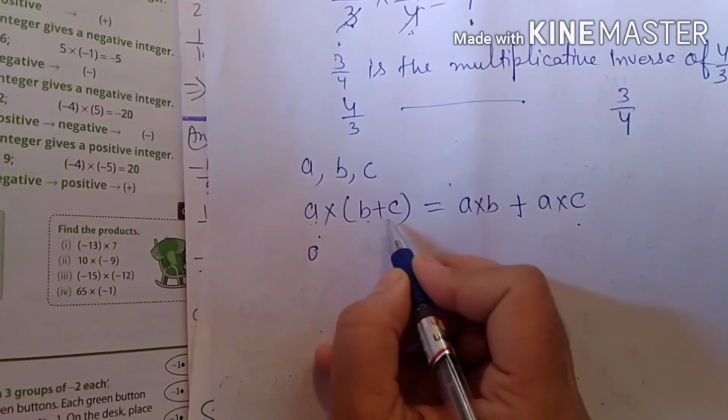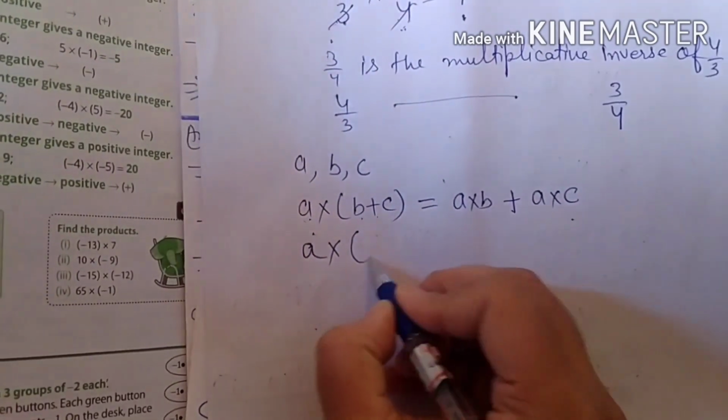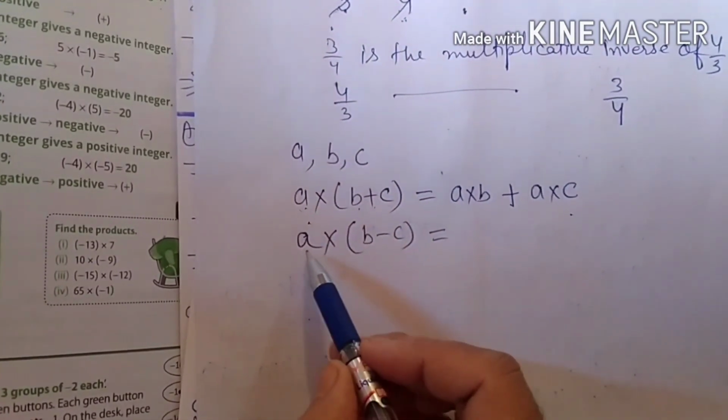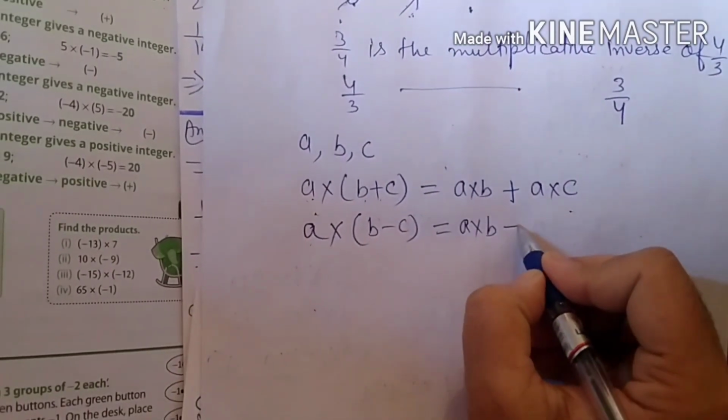But if a negative sign is here, suppose a multiplied by b minus c, then first of all we can multiply a with b, then minus.